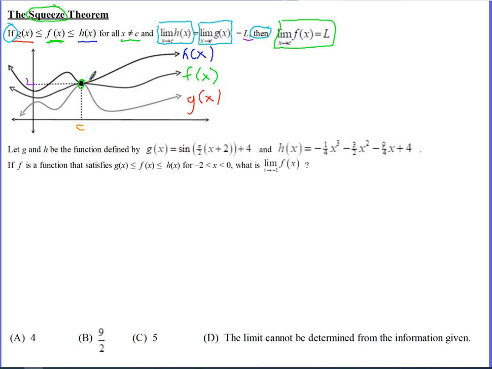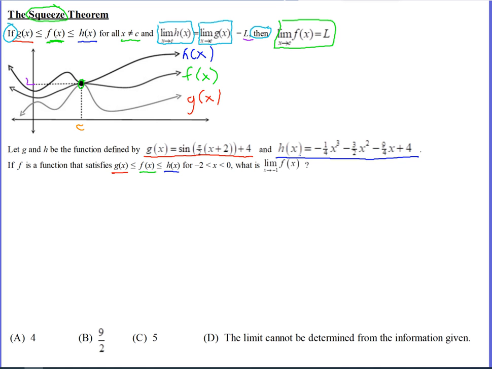Okay, so let's see how this works with some specific examples. So here we've got h and g. Here's h of x, and here's g of x, given the two equations. And then here's where it says g of x is less than or equal to f of x, which is less than or equal to h of x.